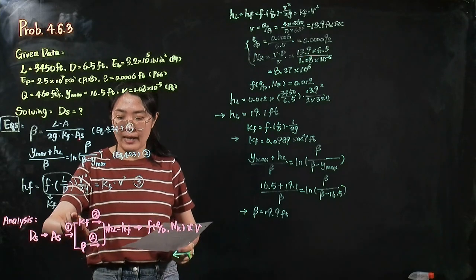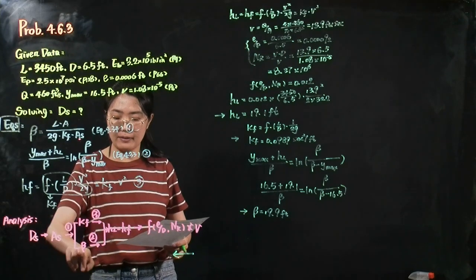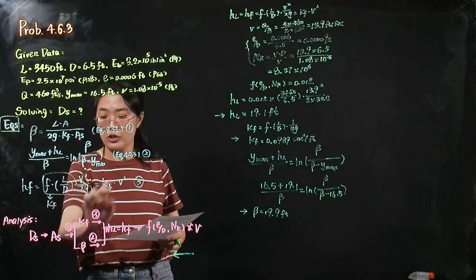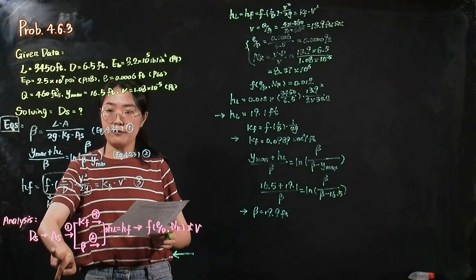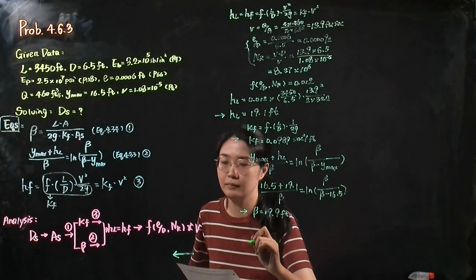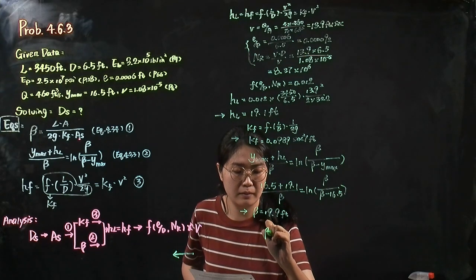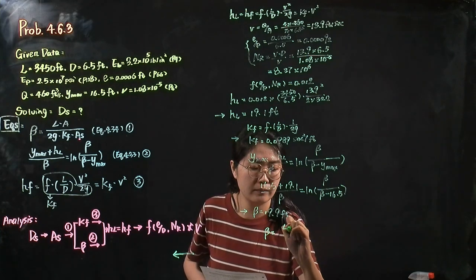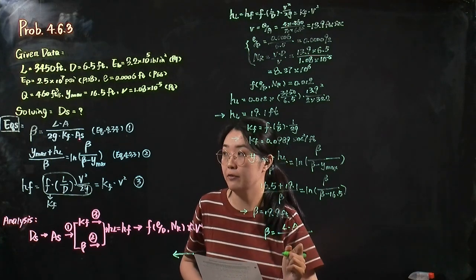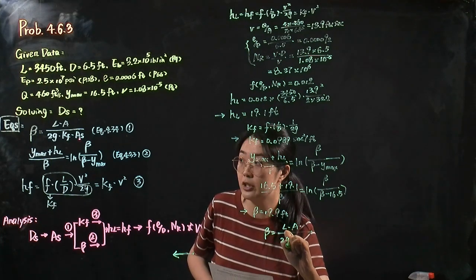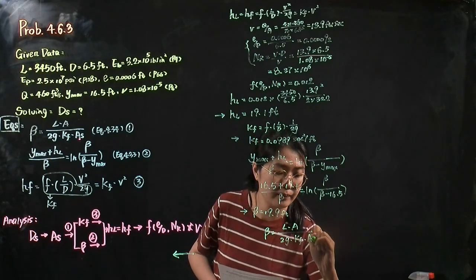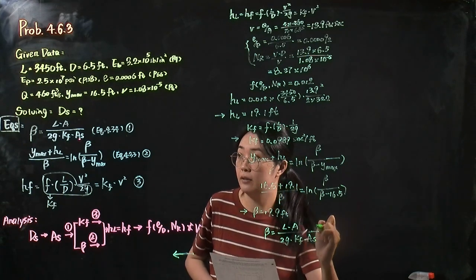So right now we already have K sub F and beta. Then we can bring these two values back into equation 1 to calculate the area of the surge tank. Beta equals the length times the area of the pipeline over 2g times K sub F times the area of the surge tank.